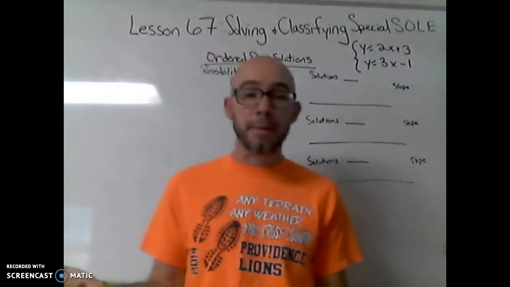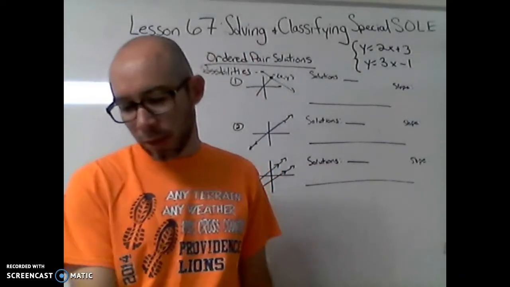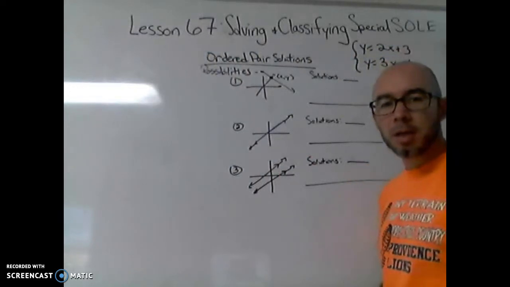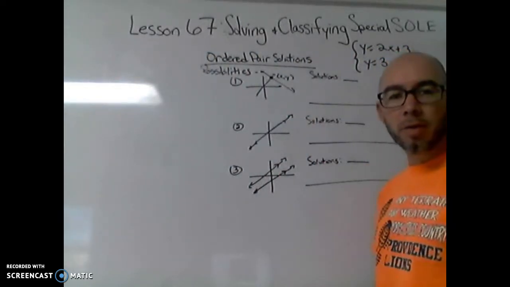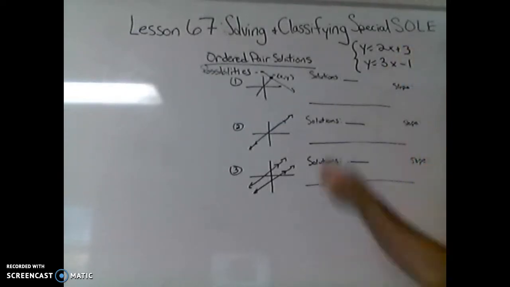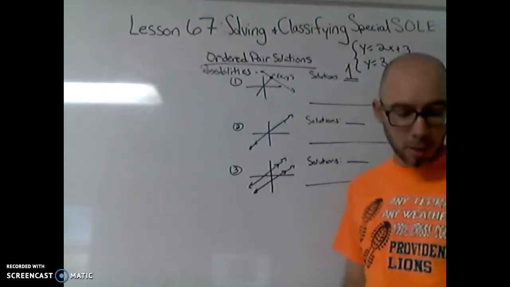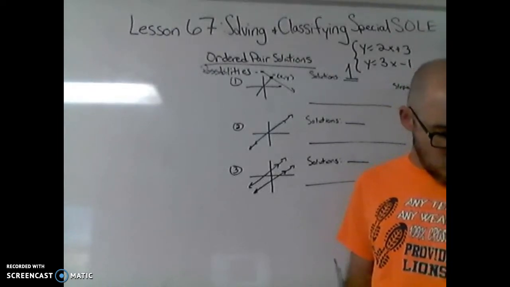Now, they don't all do that. That's the problem. You can actually have 3 different possibilities for solutions to these things. The first one is what I just described. 2 lines that crisscross somewhere in the plane, and you get one solution. One XY pair answers.